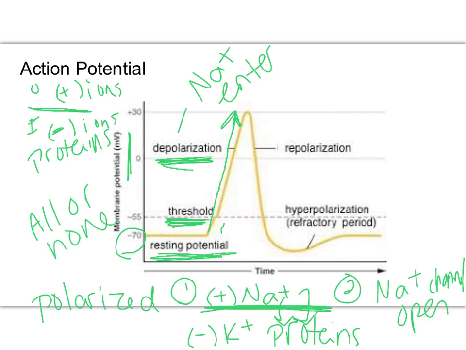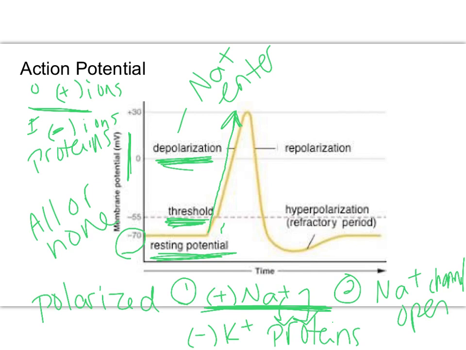If enough stimulus occurs for the neuron to reach threshold, then an action potential will happen. If it doesn't reach threshold, then no action potential. There's no medium action potential or a little tiny one because it barely reached threshold. It reaches threshold, it gets a big, full, giant action potential. It doesn't reach threshold, it doesn't get an action potential.